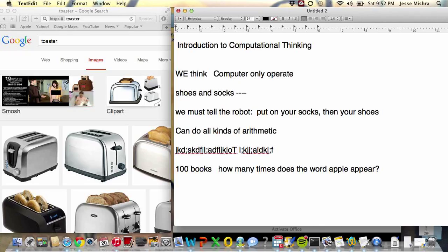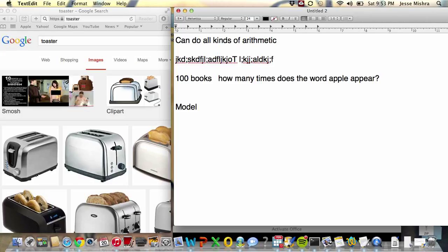Okay, so with any machine, what we need before we begin to understand it is some kind of model. If we look over here to the other side, you'll see a whole bunch of pictures of a toaster. And this is a machine that we mostly have all used several times in our lives. What is the model of a toaster? The minimal model, let's say. What do we need to know about it?